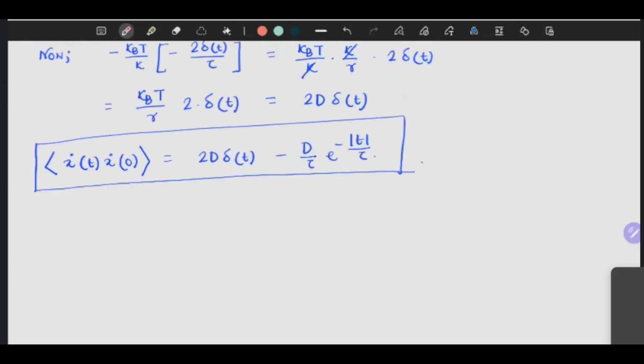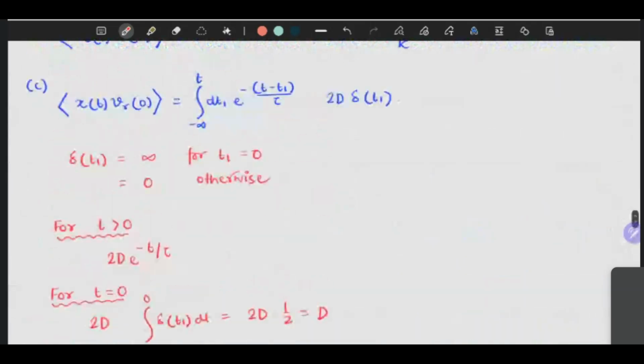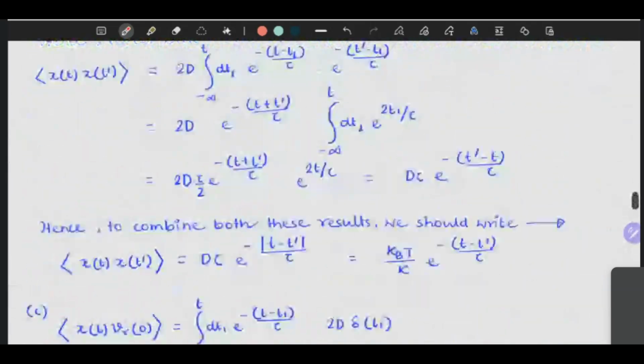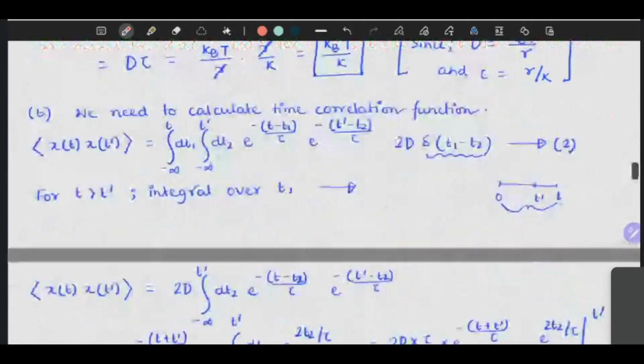Let's see different kinds of noise in an electrical circuit. This will be problem 4.